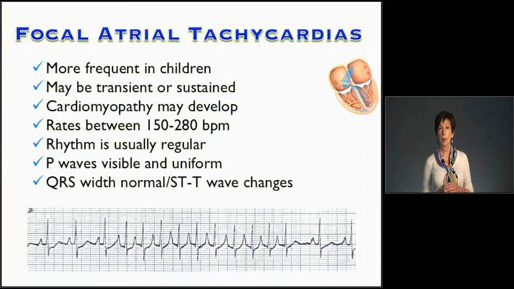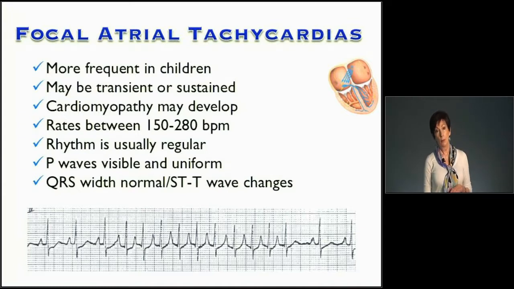Another term for focal atrial tachycardia might also be automatic atrial tach. Focal atrial tach, the word focal indicates that there is a focus in the atrium, either the right or the left atrium, that develops the capability of automaticity and then fires in rapid succession.